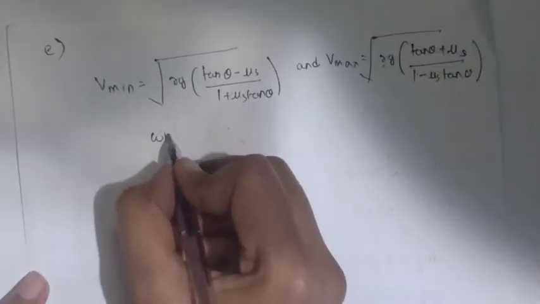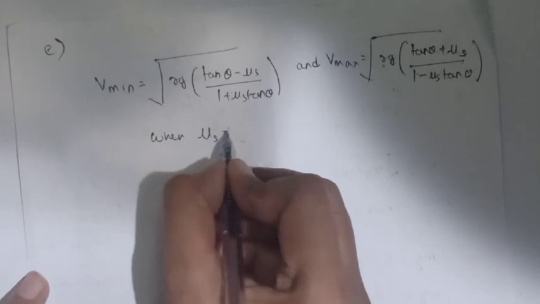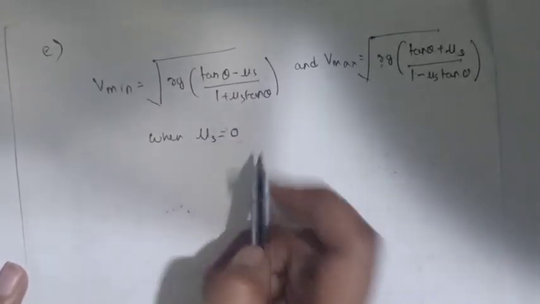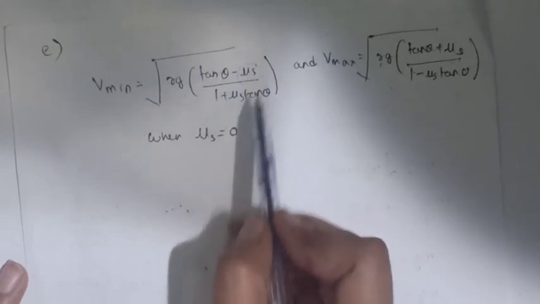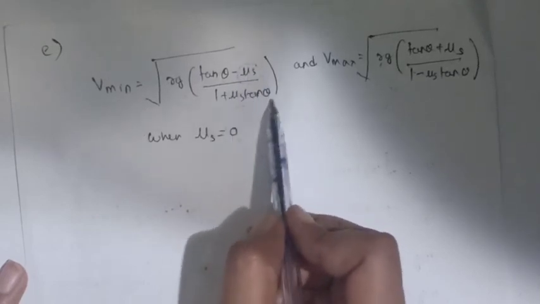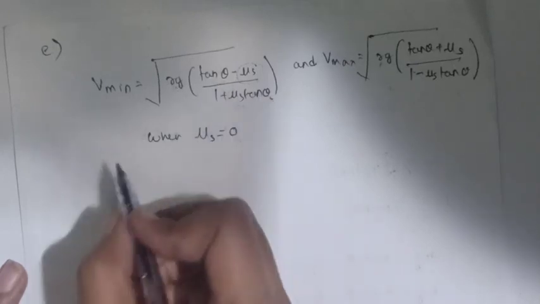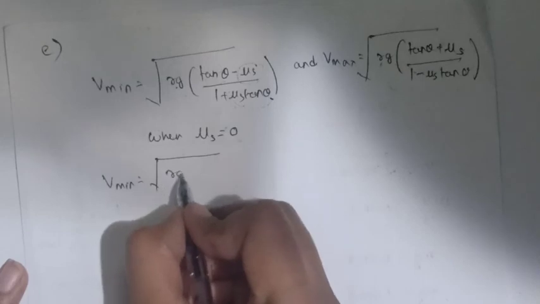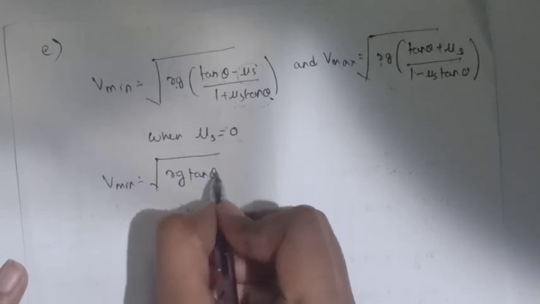So when the coefficient of friction is 0, this becomes 0, this becomes 0, so this factor will become 0, and v min will be given by the square root of rg tan theta only.